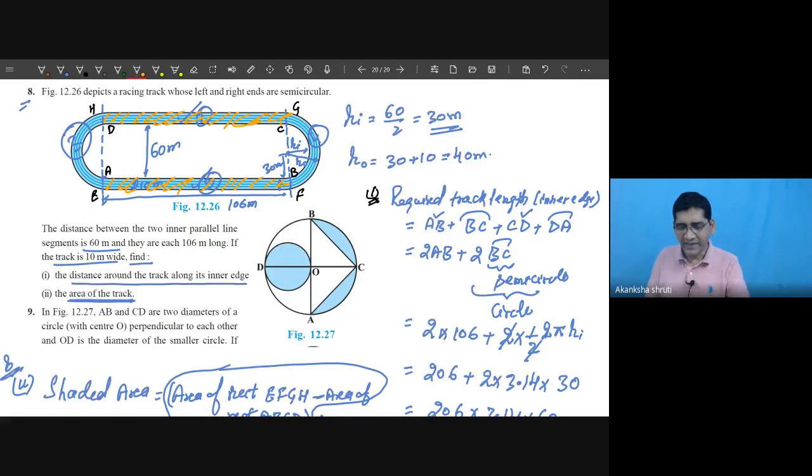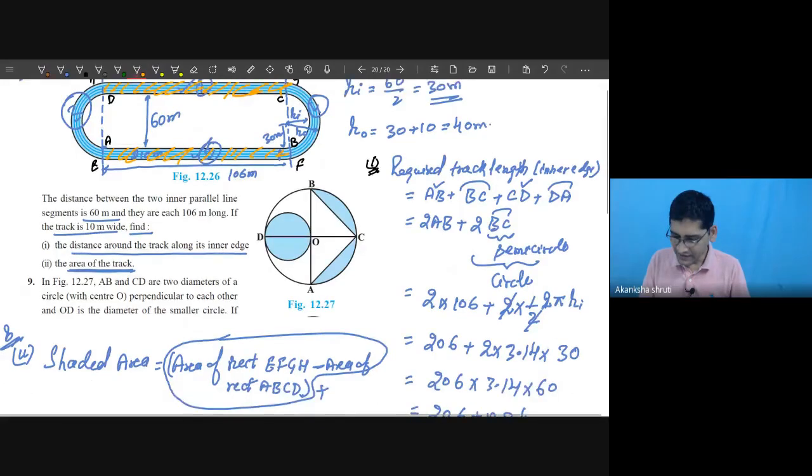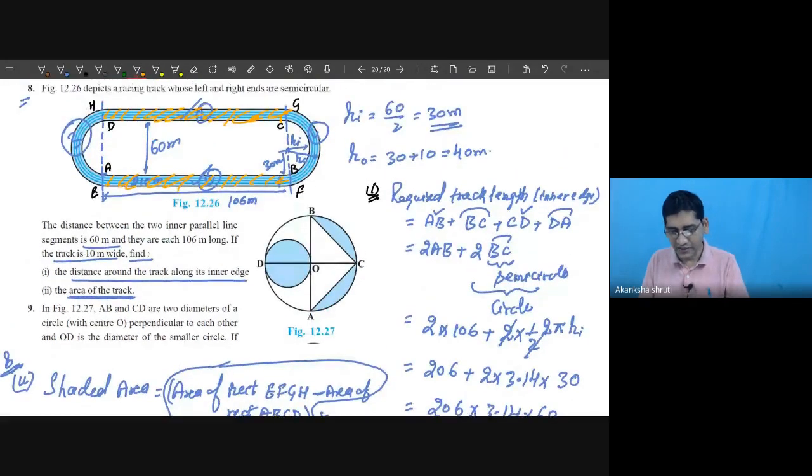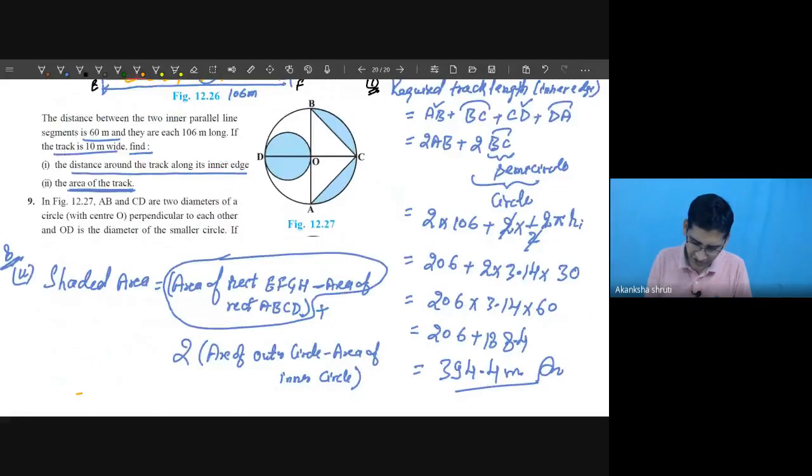I'm preferring adding the area of these two thin rectangles because the width is given. Width is given, 10 meter. That can be used conveniently. Though by this method, first calculating the width of the bigger rectangle and then the smaller rectangle, you will get the same result. So let me just substitute it here.